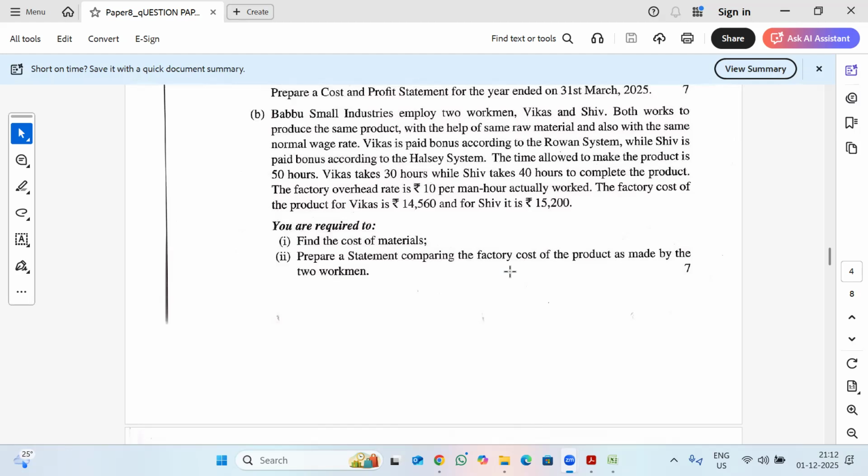So we need to calculate both. Then we will arrive at prime cost. To the prime cost we need to add factory overhead, which is 10 per man hour. After that only we will get the factory cost, right?